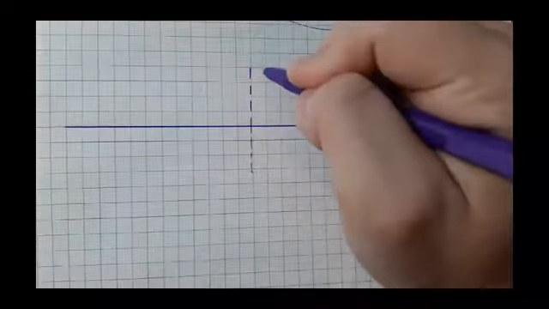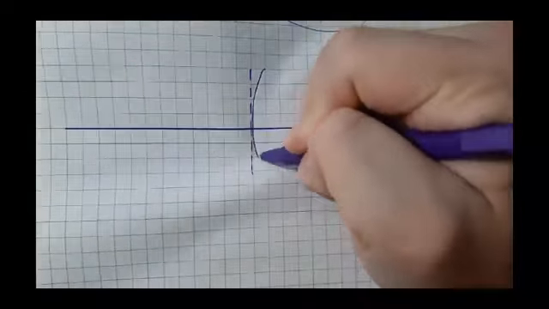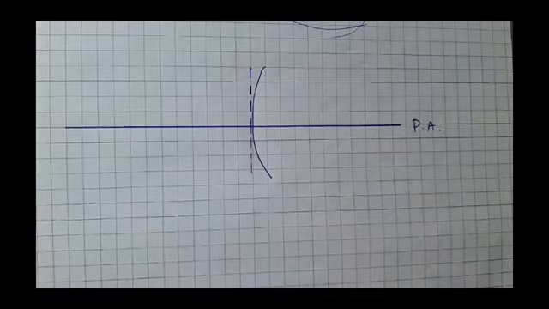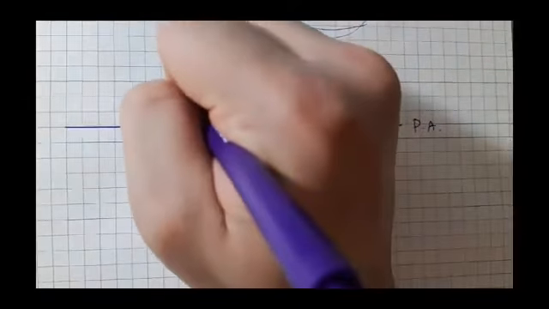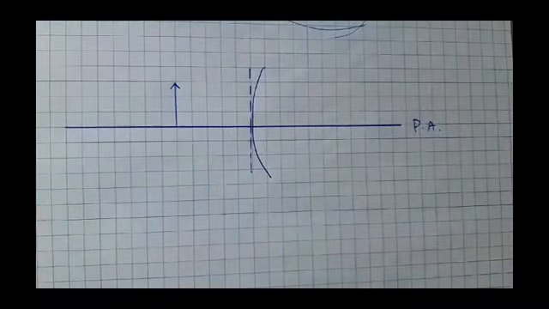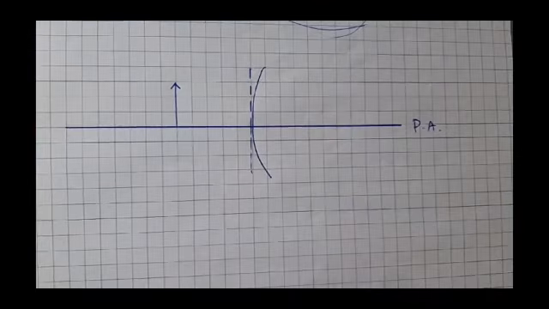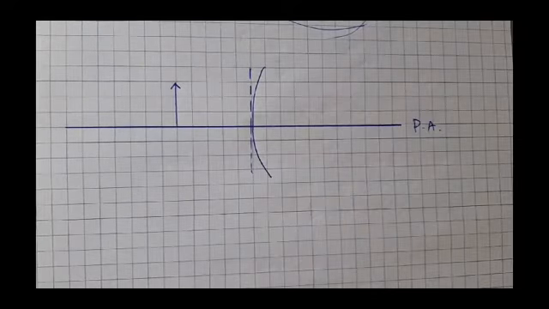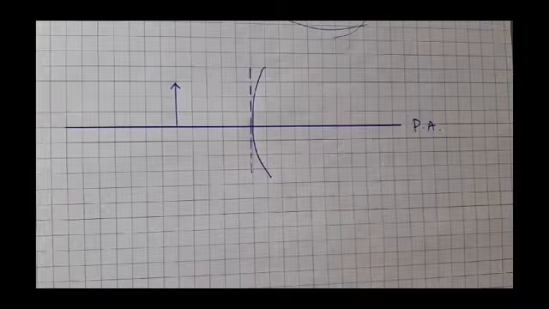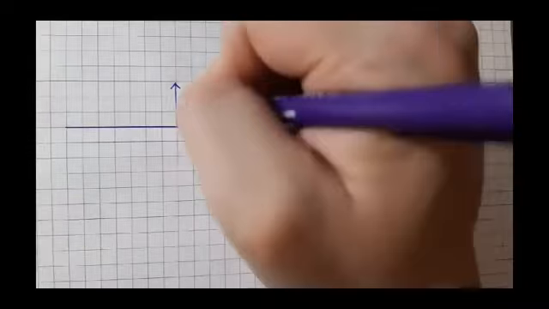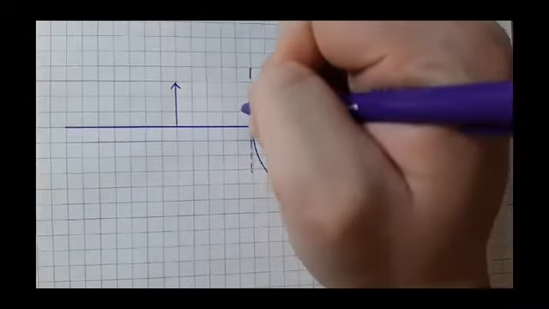So it is some kind of fat type. And let's say the image is located over here. We need to decide, why don't we put it right after the F?